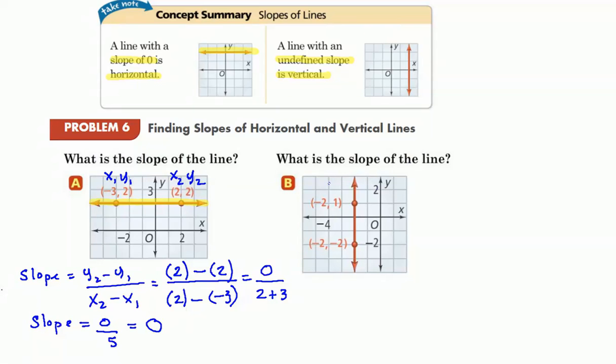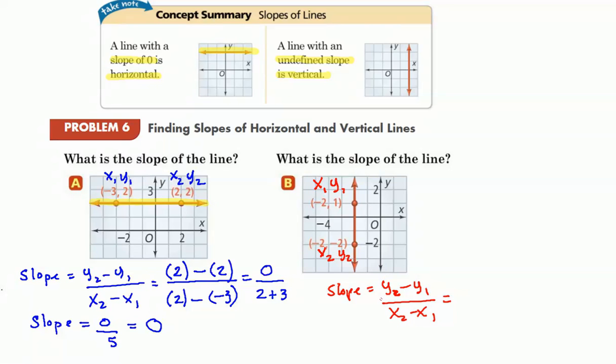Now for part B, we're looking at these 2 points. Same thing. I want to label the points. So I'll call this x1, y1, x2, y2. It never matters which point you choose to be 1 and 2. So slope is y2 minus y1 over x2 minus x1.